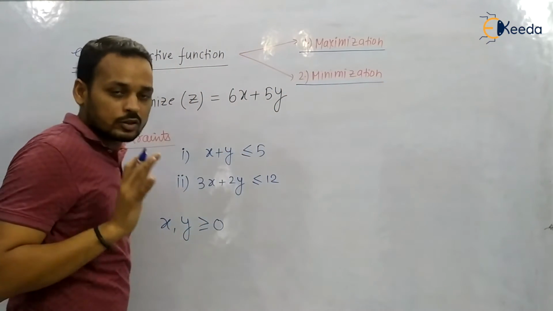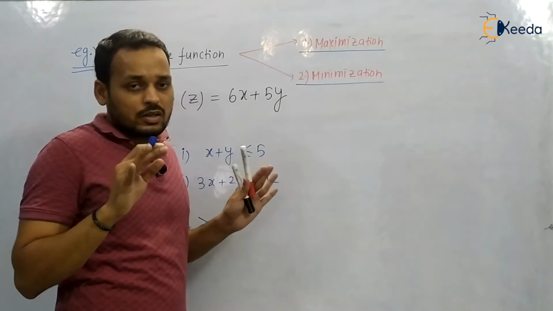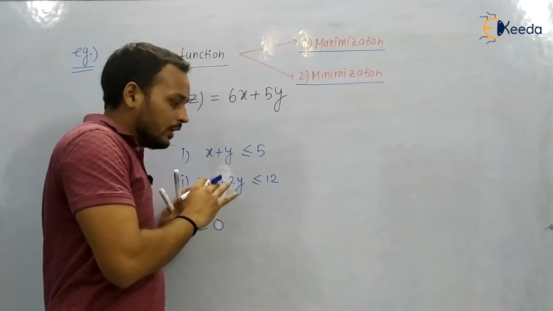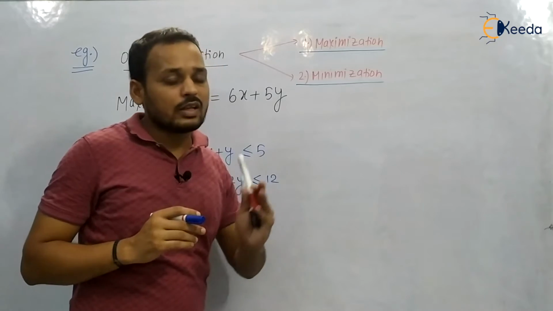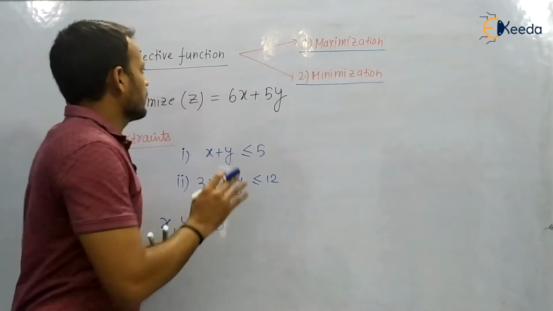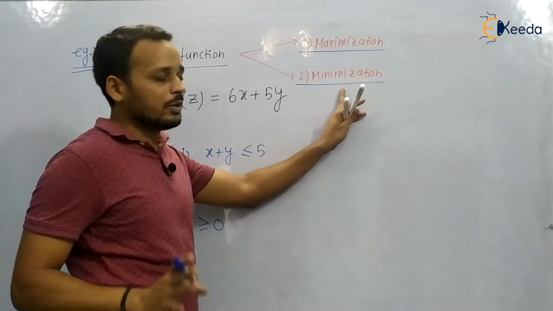I am not going to solve this numerical. We are just going to talk about the basics. We will see how to solve it in the upcoming lectures with the help of the graphical method or any other method. So the objective function can be of two types: either maximization or minimization.